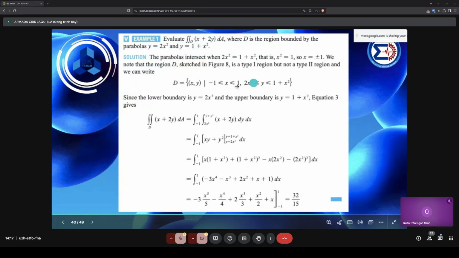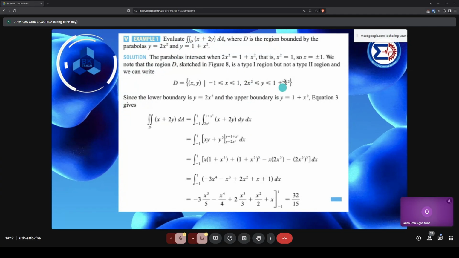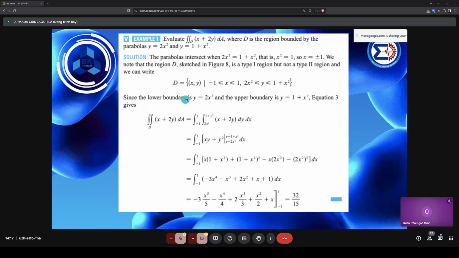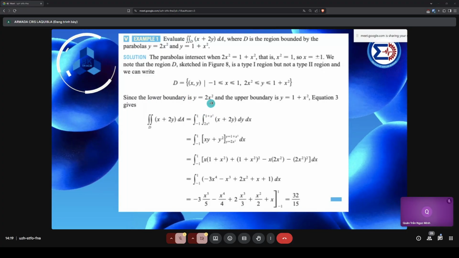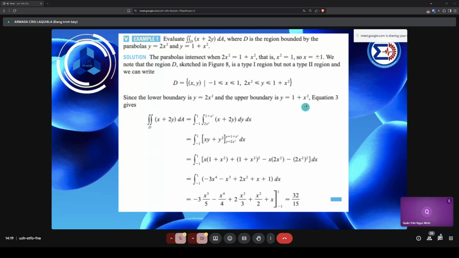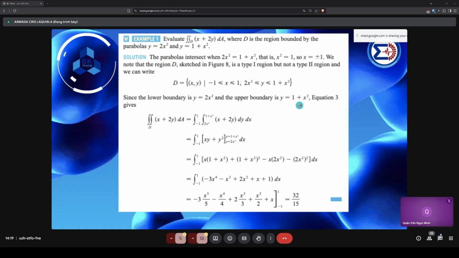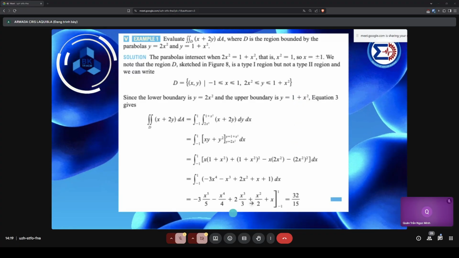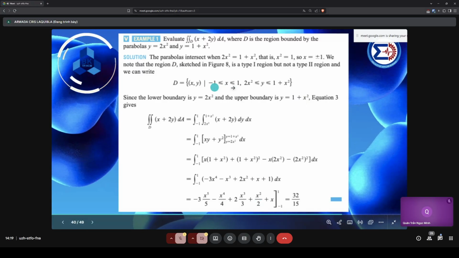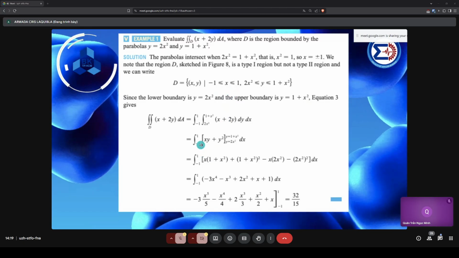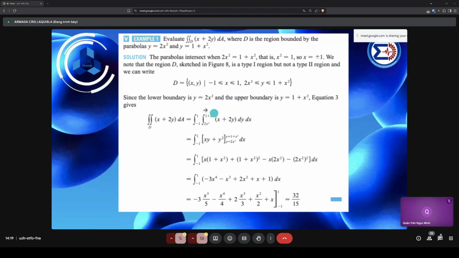That is why, if 2x squared is here, then your 1 plus x squared must be here. It is higher than that. So this is your lower boundary, and this one will be the upper boundary because, again, if you graph it, it's in the upper location in that interval from negative 1 to 1 in your x. Now what are you going to do? You substitute now the values, double integral.